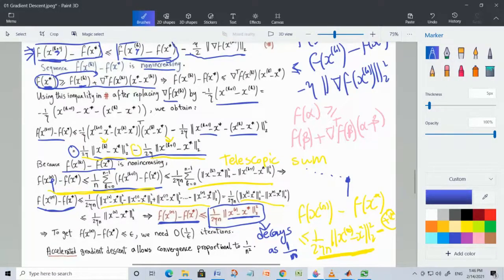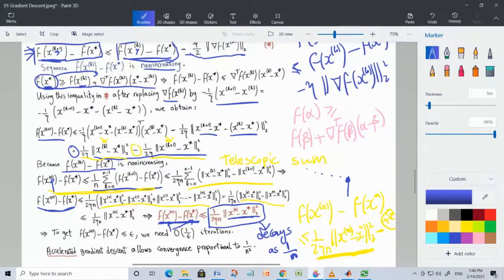So we do have convergence. Not only do we have convergence, actually we can talk about the rate of convergence. So basically, the difference between the value of the function at the nth iteration and the minimum value is upper bounded by something that decays as 1 over n.